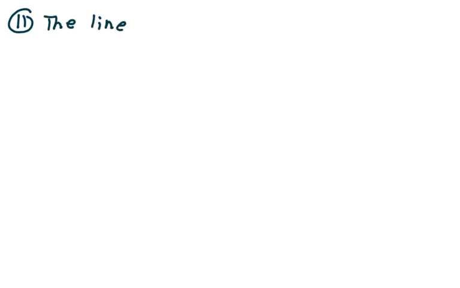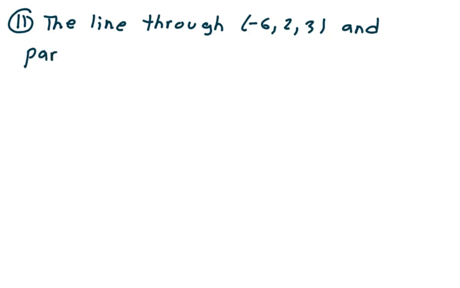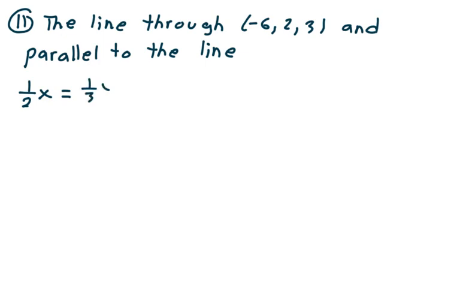We want the line through -6, 2, 3 and parallel to the line one half x equals 1/3 y equals z plus 1.